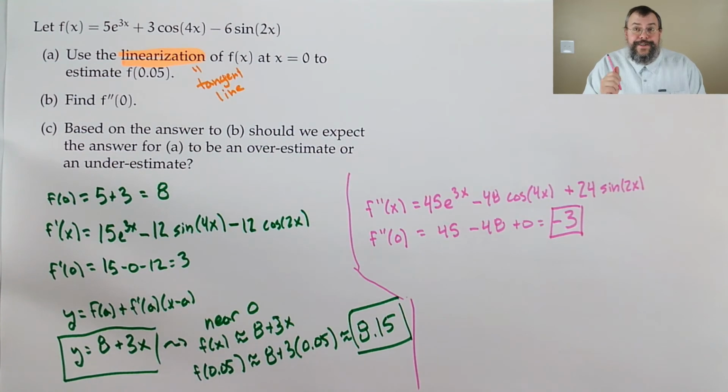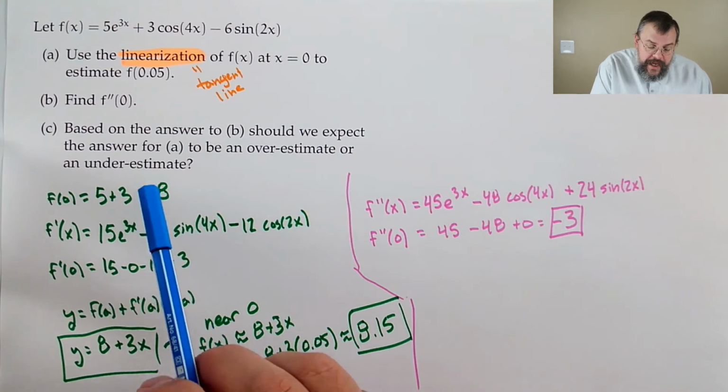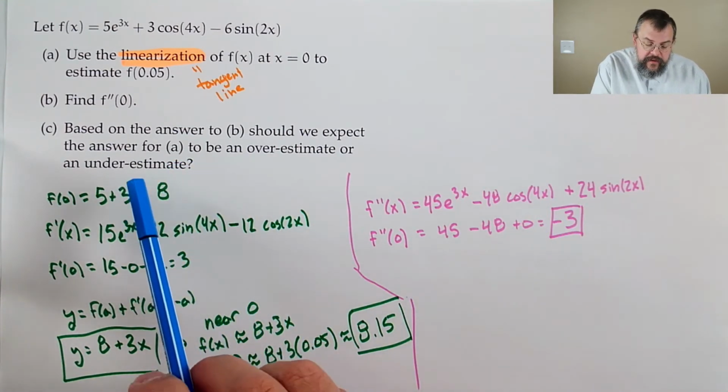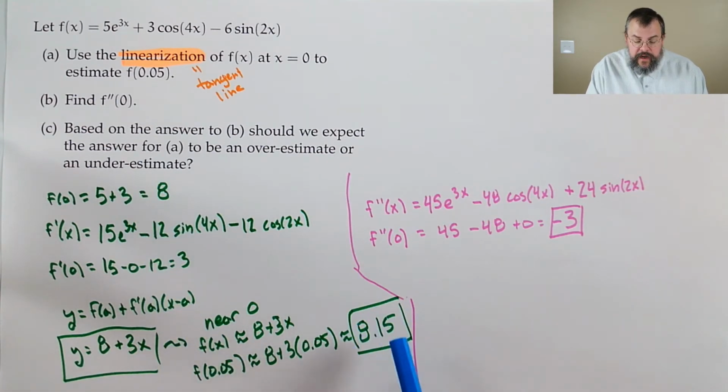Now, the interesting thing, how do part A and B connect? So, now we turn to part C. Okay, based on the answer to part B, which was negative 3, should we expect the answer for part A, 8.15, to be an overestimate or an underestimate? Okay, so how do we think about this?